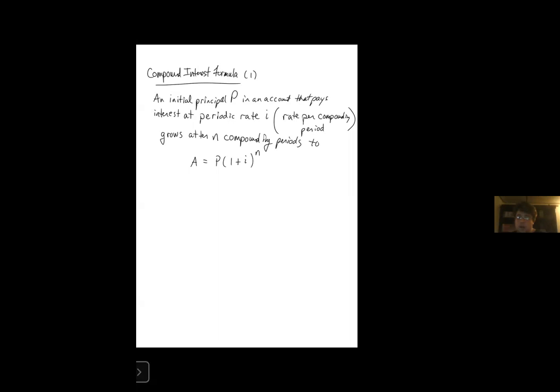Notice there is in this formula a good deal of work built in because I and n need to share the same units. We need a rate per compounding period to go with our number of compounding periods.